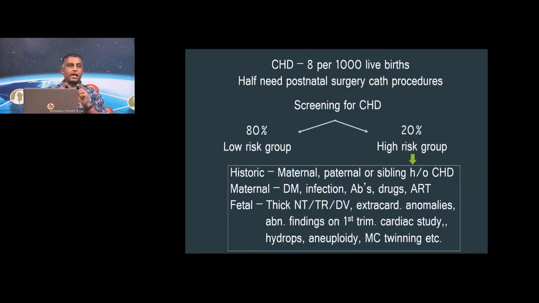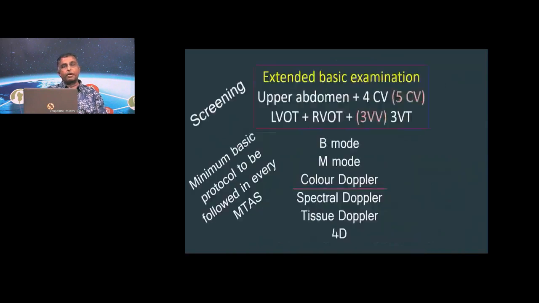You will look at the heart in every case, every fetus that comes under your care, which means that it's universal screening. When you say universal screening, you open it up to all the fetuses that come under your care. Now, you can do this in the first trimester. You can do this in the second trimester, and this presentation will take you through what happens in the second trimester or the classical mid-trimester anomaly scan.